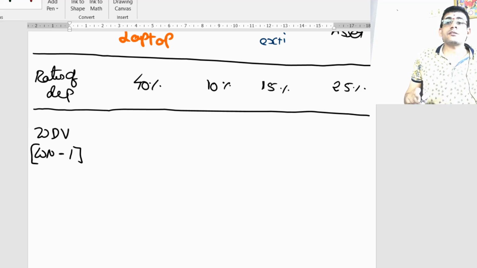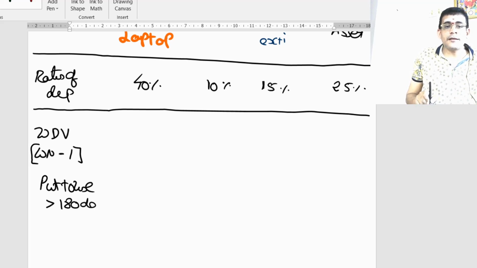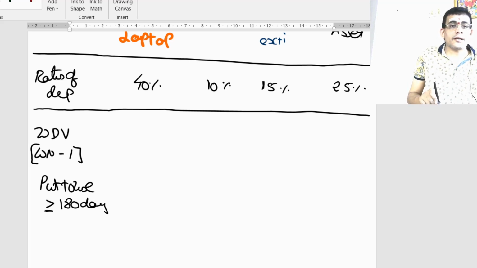So in this case, if you observe, there are a few assets put to use for a period of more than 180 days, and a few assets put to use for a period of less than 180 days. So ultimately I need to have a breakup. Two WDVs I need to find out. WDV for assets put to use for greater than or equal to 180 days, that is one category.